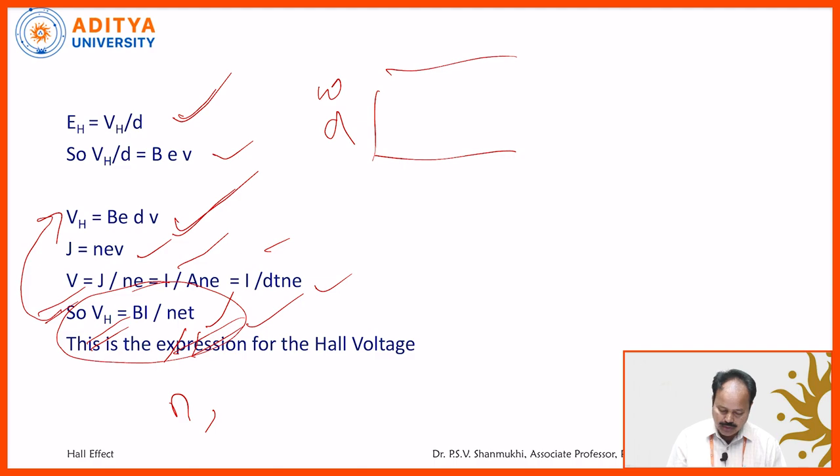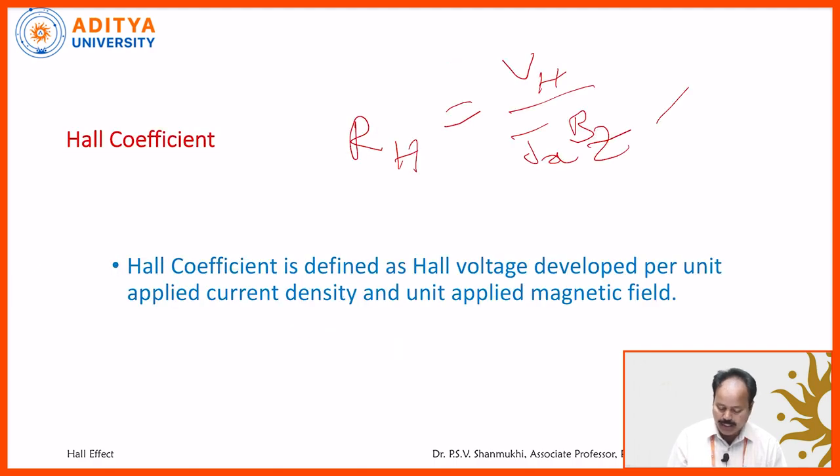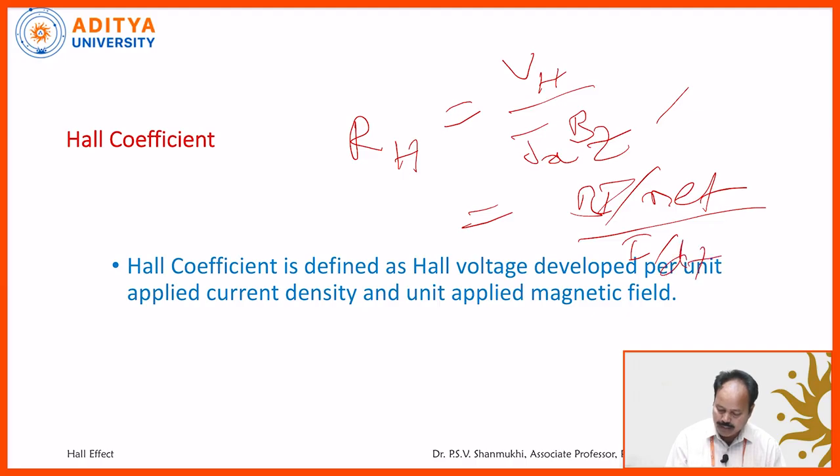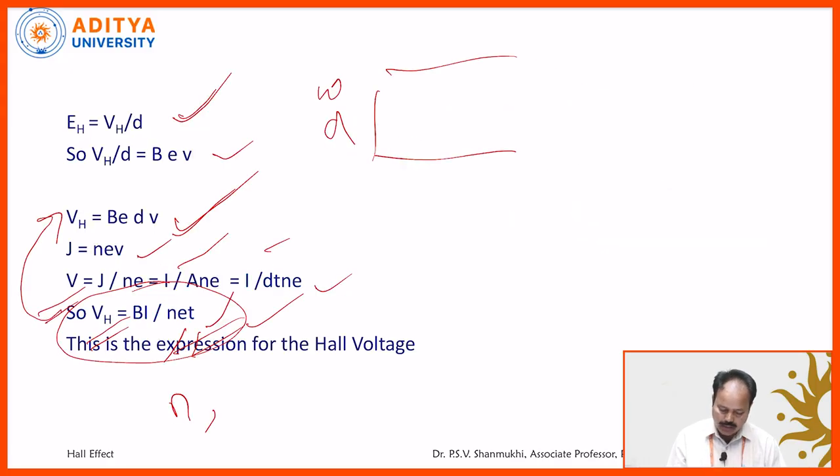Now substitute VH, which is BI by NeT, divided by J, which is I by A, meaning I by D into T, into B. Substituting all these parameters, B and B cancel, I and I cancel, DT cancel.